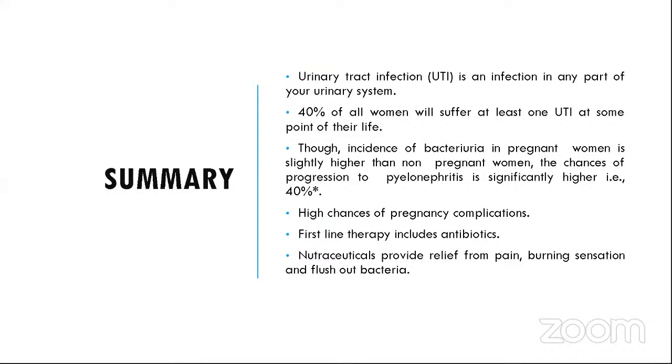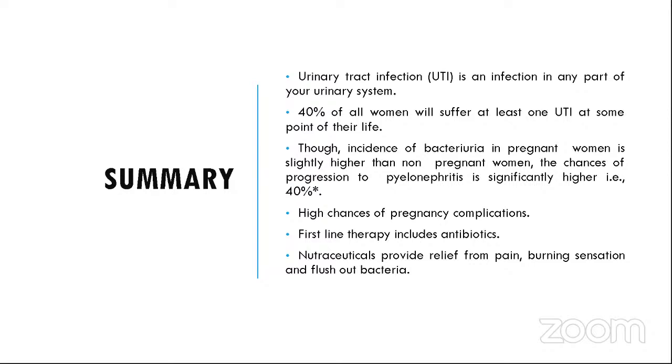In summary, let us come to the conclusion. Urinary tract infection is an infection in any part of our urinary system. 40% of all women will suffer at least one UTI at some point in their life. The incidence of bacteriuria in pregnant women is slightly higher than in non-pregnant women.